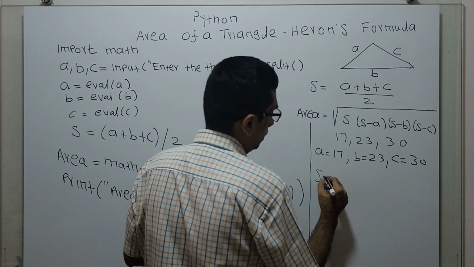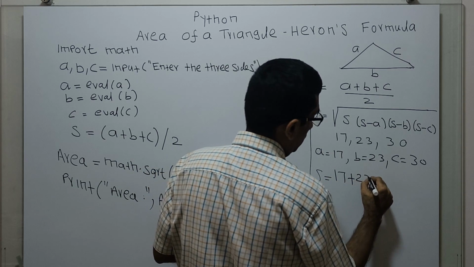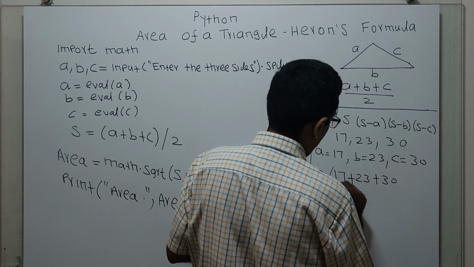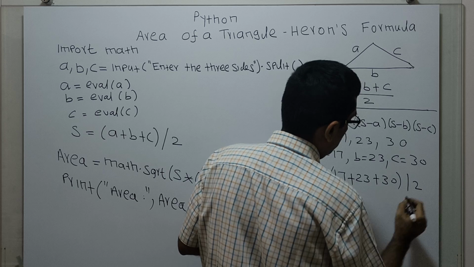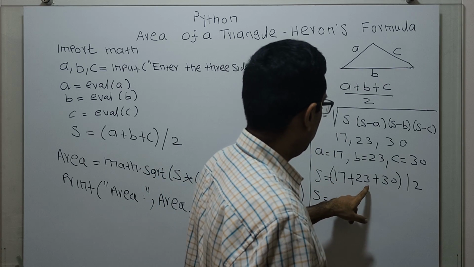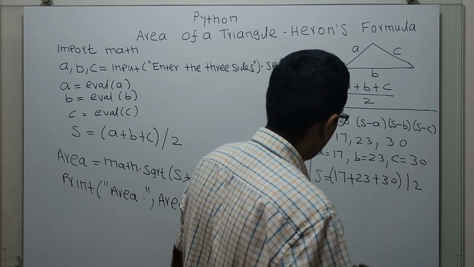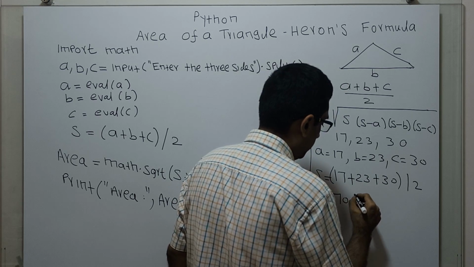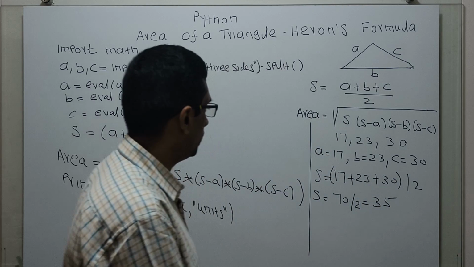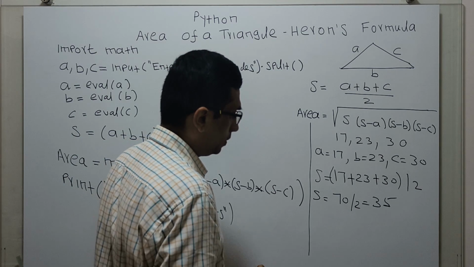Semi-perimeter S is equal to 17 plus 23 plus 30 divided by 2. S equal to 23 plus 17 is 40, 40 plus 30 equal to 70, 70 divided by 2 is equal to 35. My semi-perimeter is 35.